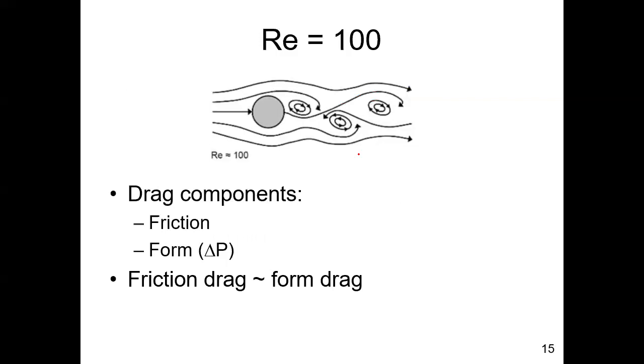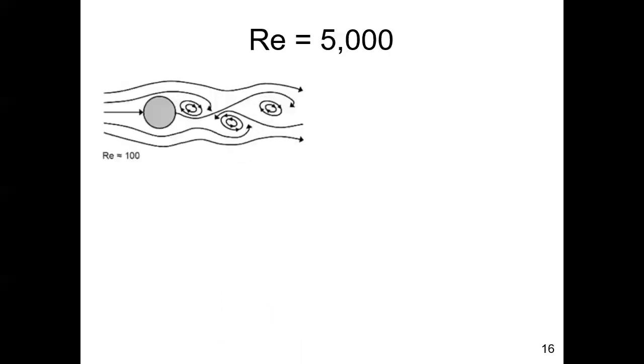And again, I would say the drag at a Reynolds number of 5,000 is greater than the drag at the Reynolds number that we just looked at. Okay, so drag just keeps increasing as we keep increasing. That's an important concept for you to recognize. So now we're going to go from the previous 100 up to 5,000.